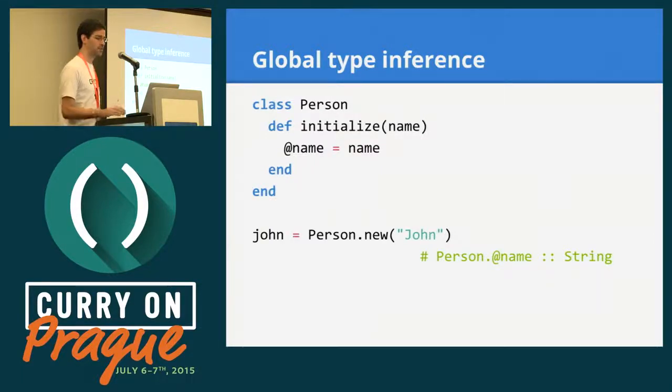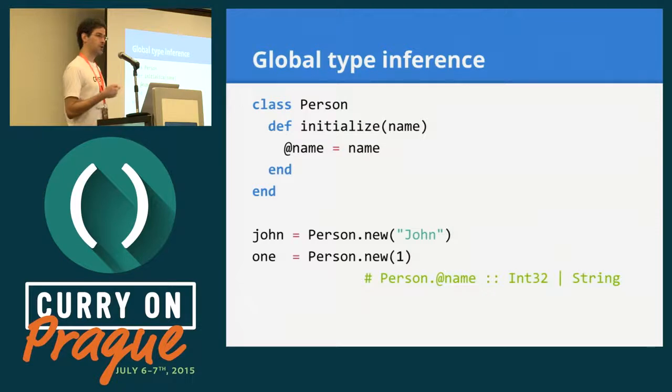Then we have types and classes, and they can have instance variables, like in many other object-oriented languages. And the thing is here that the type of the instance variables will be inferred from the values assigned to them across the whole program. So here we instantiate a person with a name, and it's a string, so the compiler will type this name as a string.